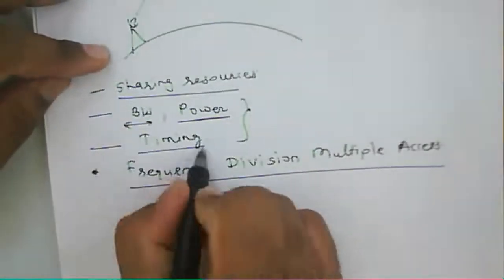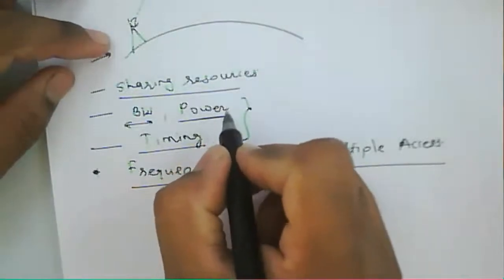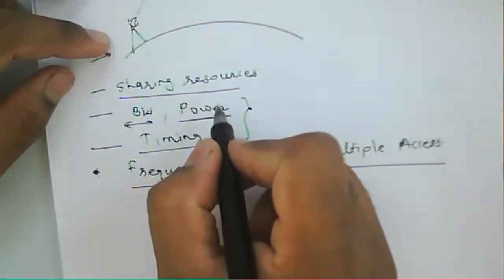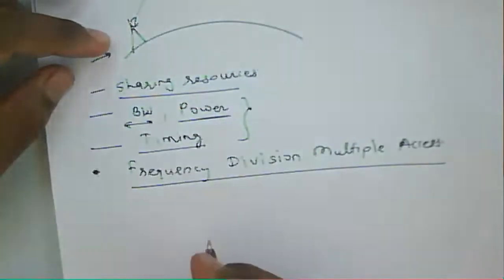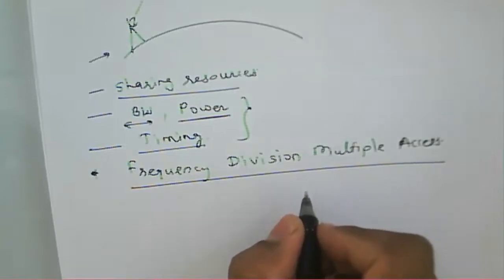If you share the timing, that is time division multiple access. If you share the power, that belongs to code division multiple access. These are the three types of multiple access systems, and we'll see them one by one. First, we start with the frequency division multiple access system.